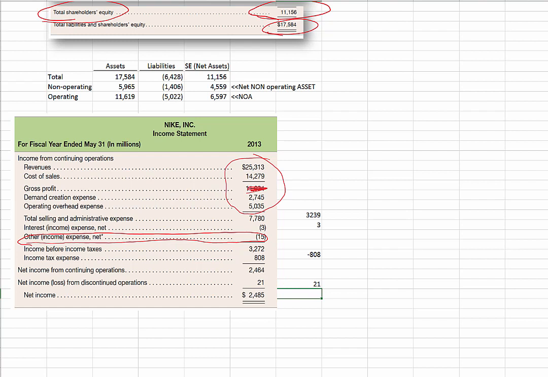So let's total that up and see what happens. We have to make some adjustments to it. So all of those items total together give me 2455. So something is amiss somewhere. I'm $30 off. Let me go up here and take a look.